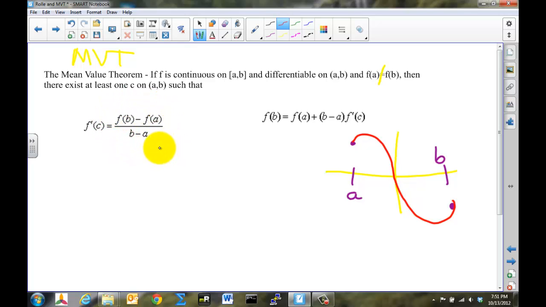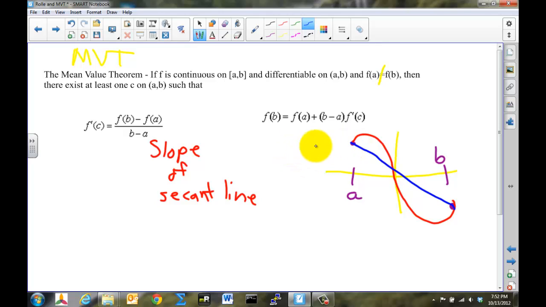We had a problem where you were given a curve and the points P and Q on that curve, and you were asked to find the slope of the secant line, or the slope of the line between those two. This is the slope of the secant line, and this is not using any calculus on this right side. We're just finding the slope between these two points, A and B.